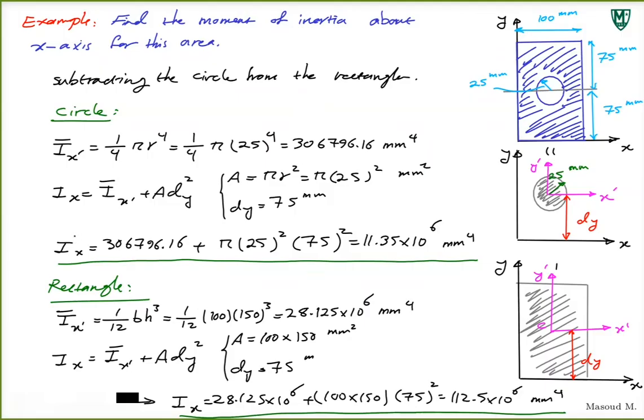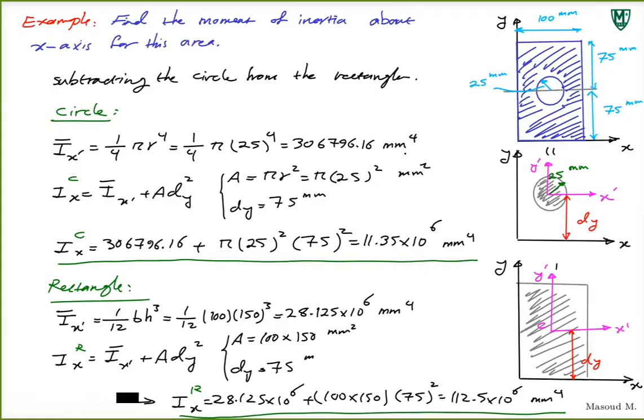Now let's call this Ix circle and Ix rectangle. Right? So now you know the moment of inertia for both about x-axis. All that's left is to find the moment of inertia about x-axis for the composite area. You subtract the moment of inertia about x-axis for the circle from the moment of inertia about x-axis for the rectangle.